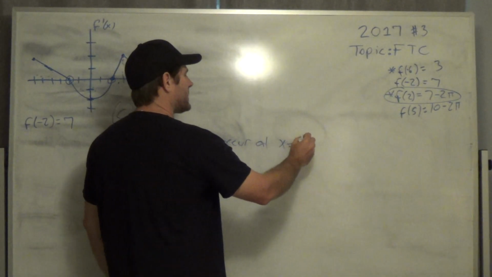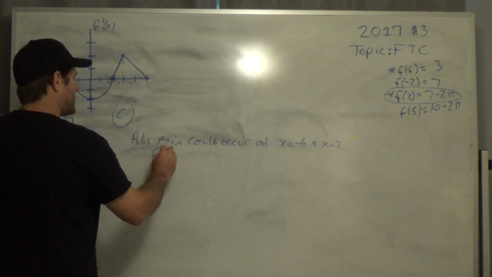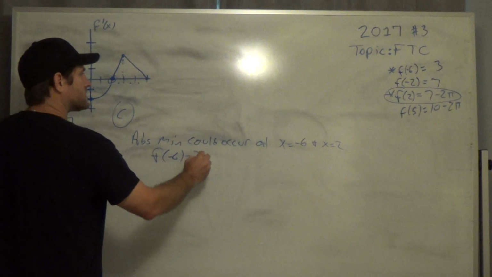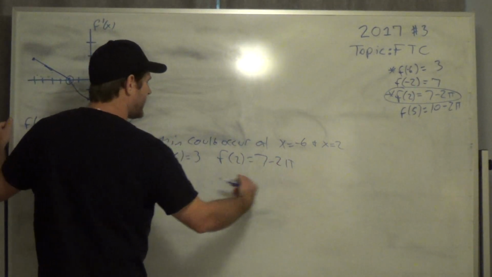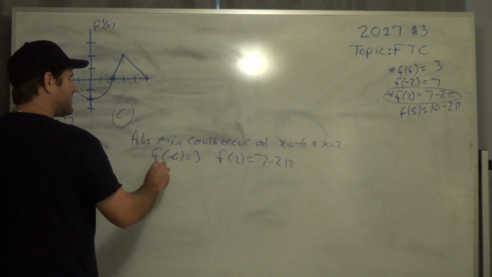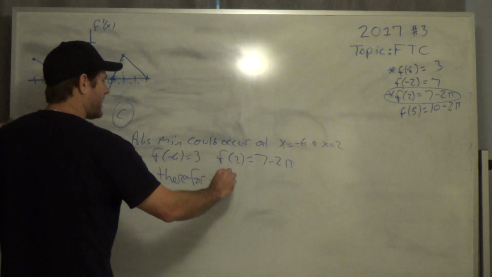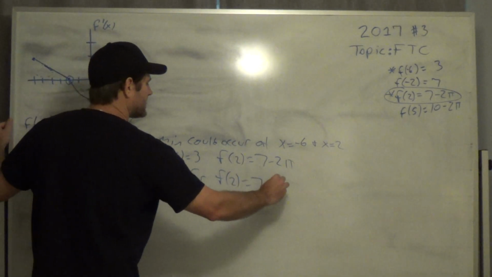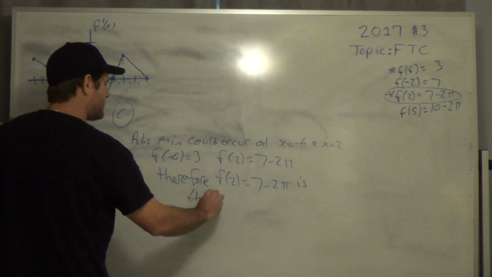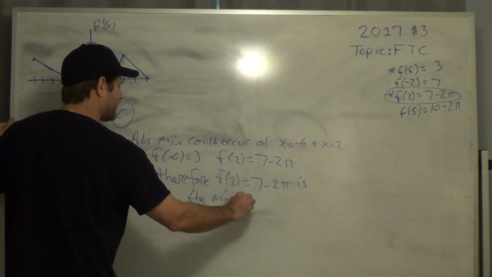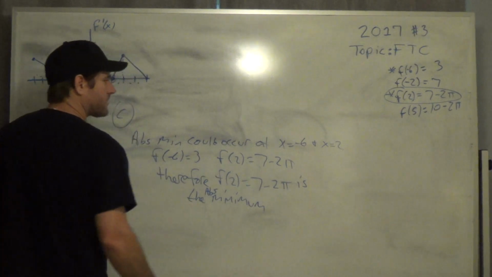At x equals negative 6 and x equals 2. f of negative 6 equals 3. f of 2 equals 7 minus 2 pi. So you just look at those two. Therefore, f of 2 equals 7 minus 2 pi is the absolute minimum. And there you go.